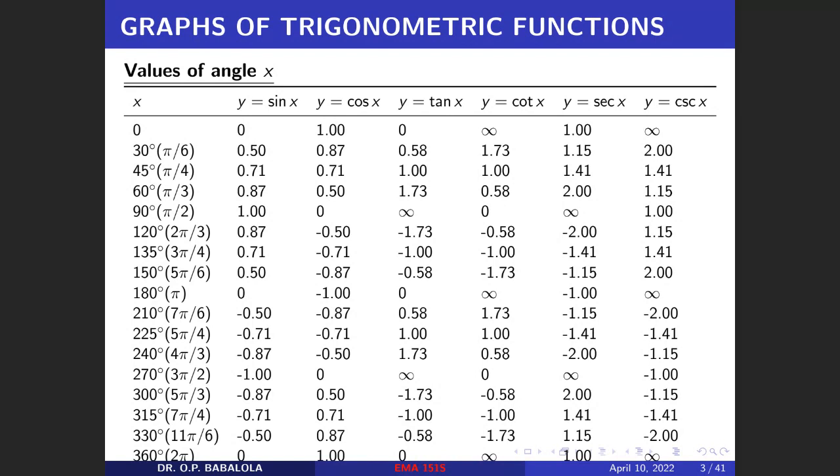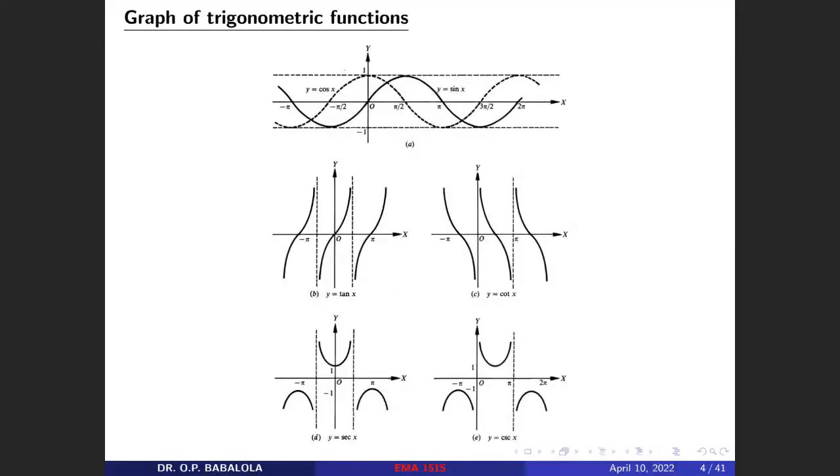It's just a way to quickly solve your trigonometric function. All of these values have been expressed, equivalent to the angle, all right? That's what we use this table for. We don't need to spend much time on that.